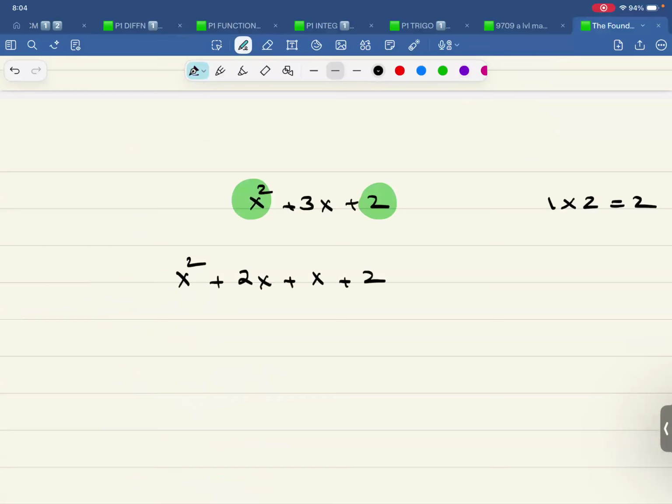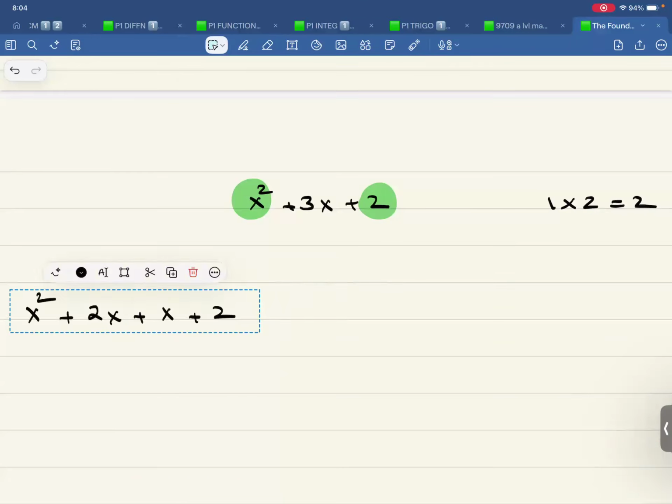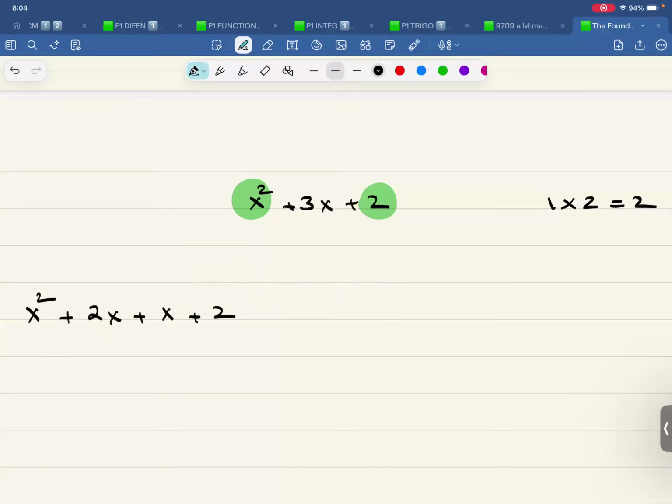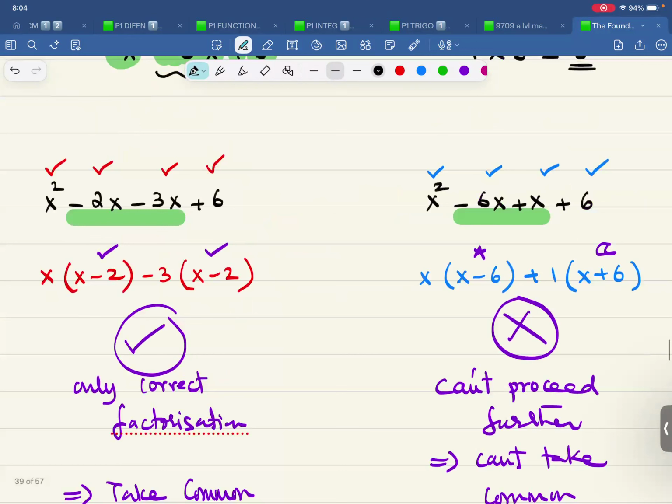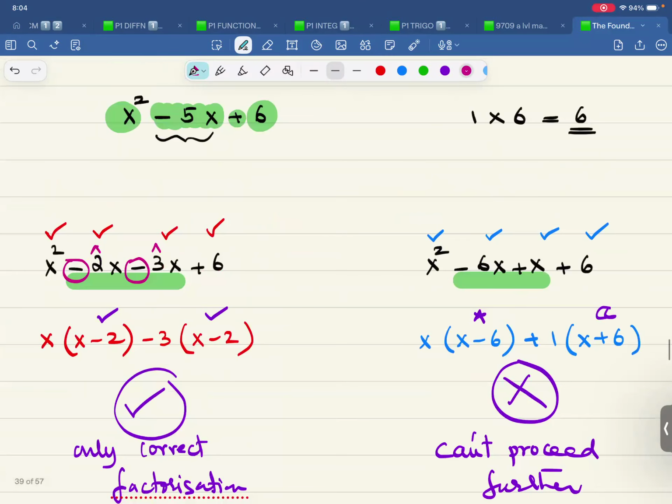Now people are also confused that what if we write this term first and this term second? Will it make a difference? Let's double check. So this is x squared plus x plus 2x plus 2. And one other thing I want to focus on, that is over here negative 2, negative 3, it multiplies to give you plus 6. Over here, negative 1, negative 6, positive 1 is not multiplying to give you plus 6.